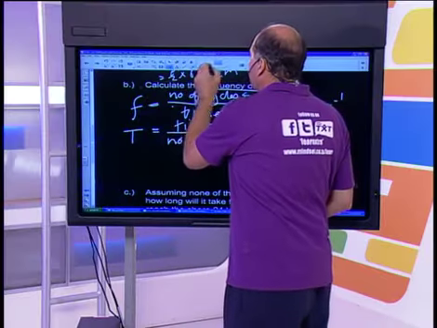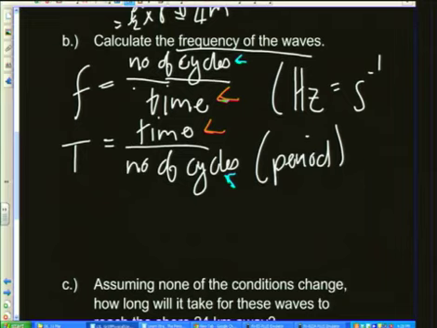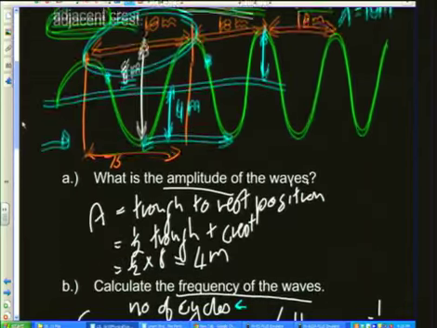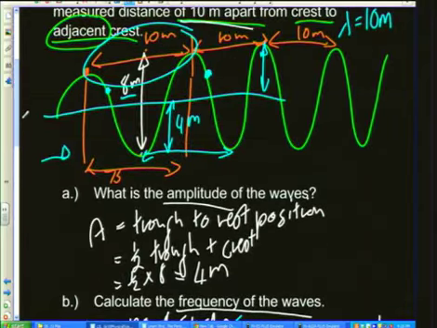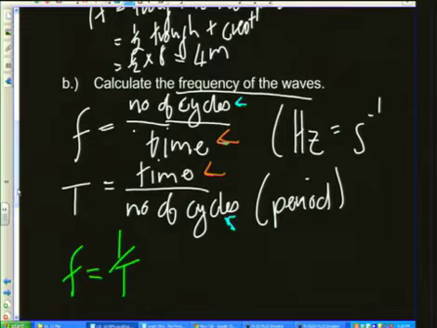So the relationship that I'm going to use is, I know that frequency is 1 over period. And what was the given period? Well, what information did we get given? We're told that for the wave to go from a crest over there to the next crest was 7 seconds. Look at what it said.